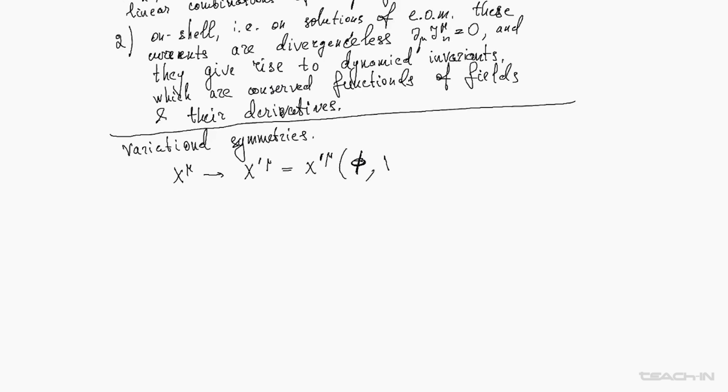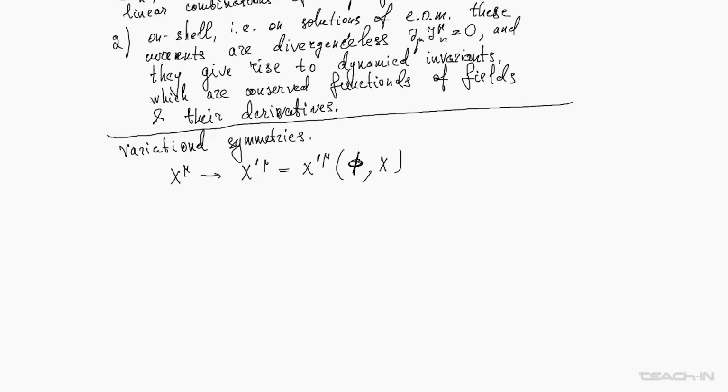So let me not write the index μ of x here. Just say x'^μ is a function of all fields and all coordinates, and together with this, I also need a transformation of fields, which are of this type. φ^I(x) goes to φ'^I(x'), which are transformations depending also on all fields and all coordinates.